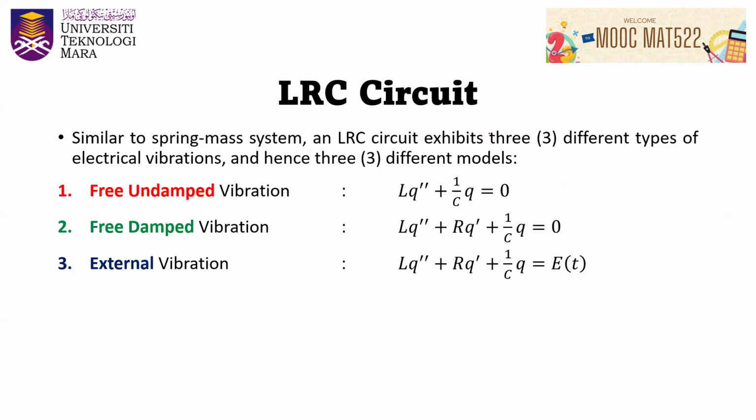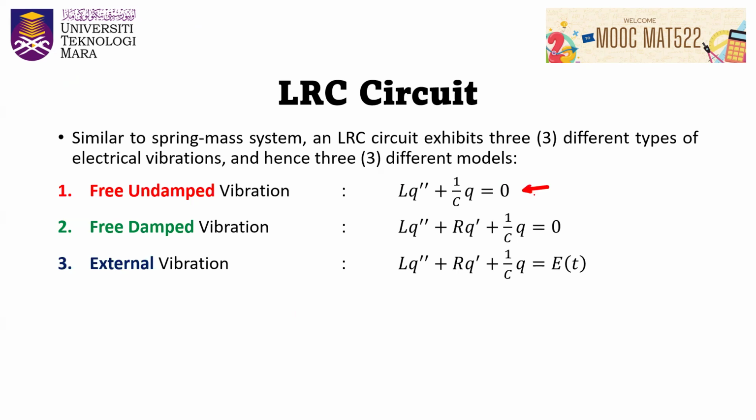Similar to the spring mass system, an LRC circuit also exhibits three different types of electrical vibrations. First, free undamped vibration, in which the resistor R does not exist in the model.